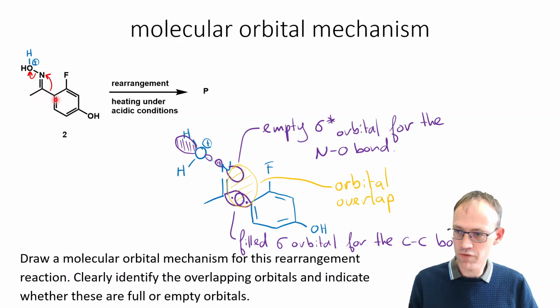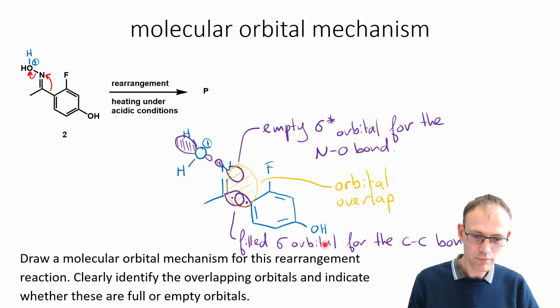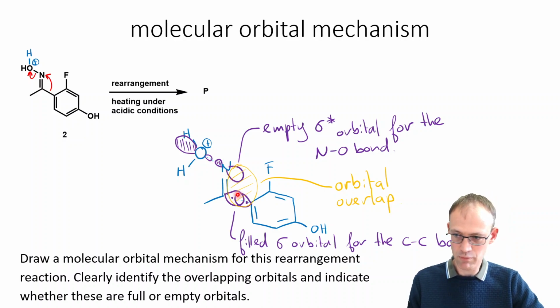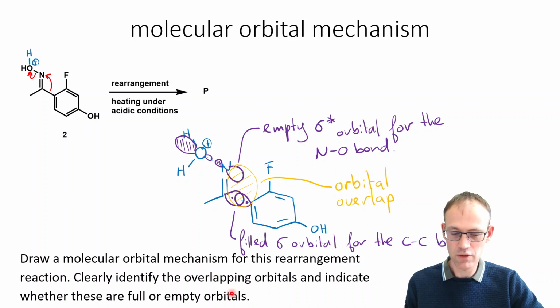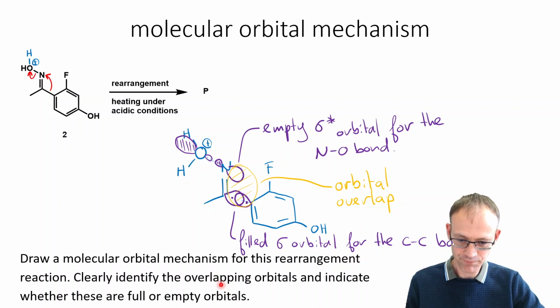The orbital overlap is good here and not here. Okay, so these electrons move, they form a new bond, and filling an empty sigma star orbital breaks the corresponding bond, exactly as we see in the molecular orbital picture there.